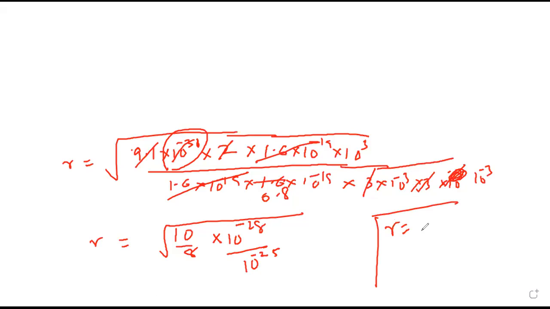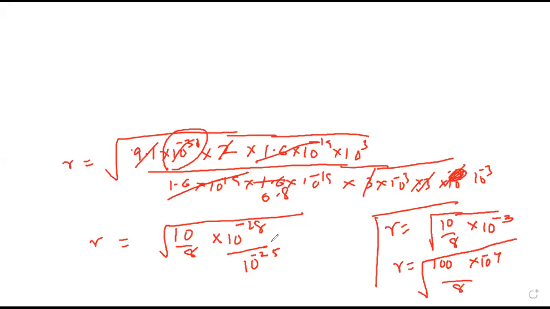So R equals root of 10 upon 8 into 10 raised to minus 3. Minus 3 we cannot bring outside. I am writing 100 and making it 10 raised to minus 4 upon 8. So square root of 100 is 10.